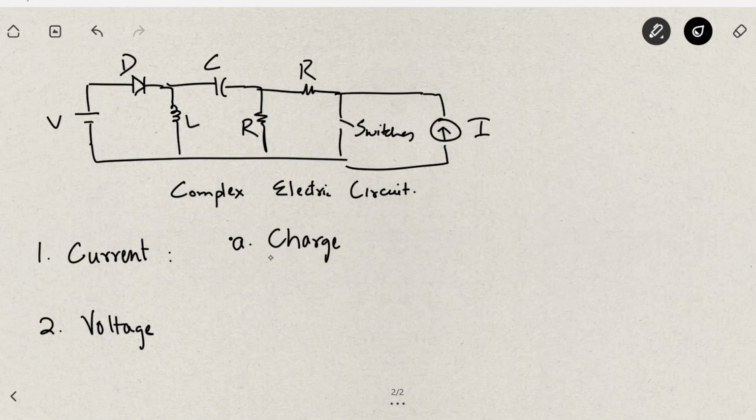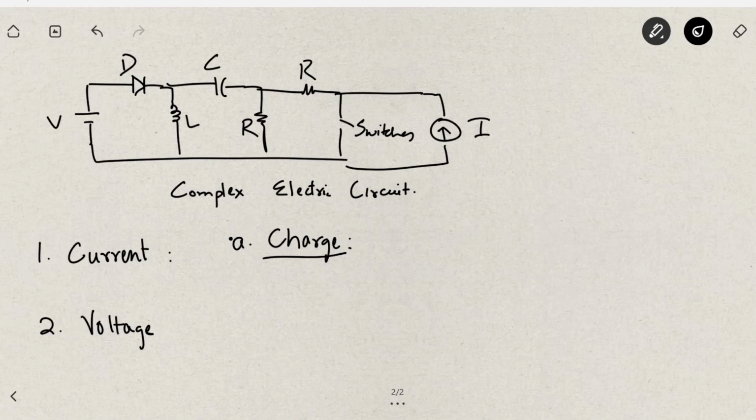So charge is a fundamental unit. It is an electrical property of a system, an electrical property of an atomic particle, and we know that we have protons positively charged, we have electrons as negatively charged elements.